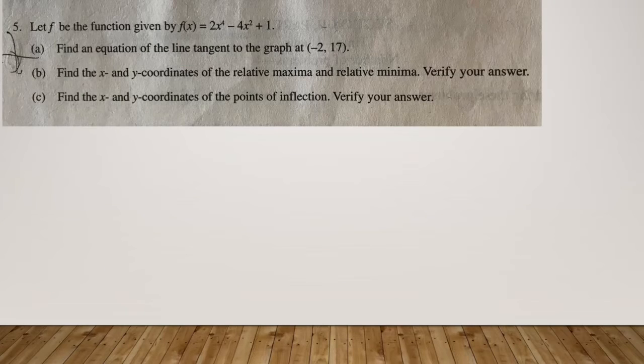Next question. Let f be the function given by f of x equals 2x to the fourth minus 4x squared plus 1. Question A. Find an equation of the line tangent to the graph at point -2, 17.